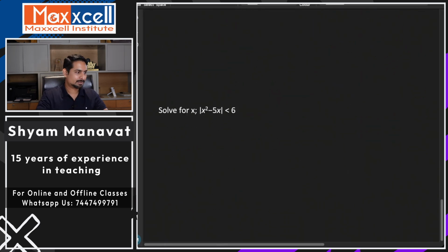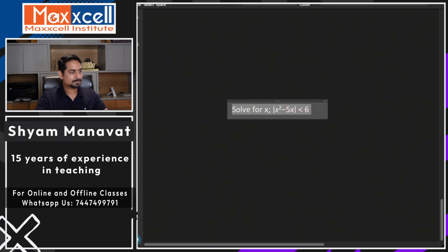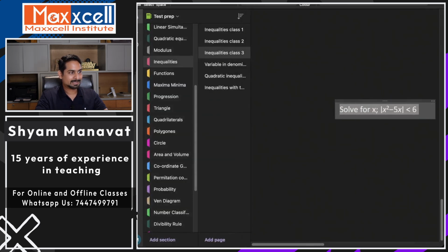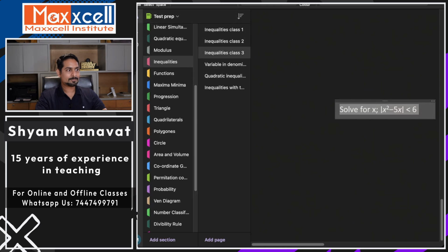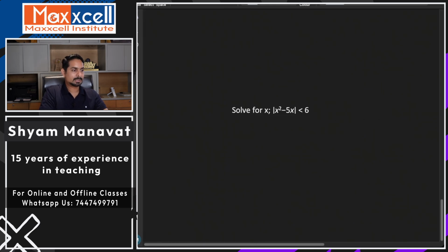Okay, so we got some quadratic expression here, quadratic inequality here. We have not discussed the quadratic inequality, that I am going to discuss in lecture number 5 of inequalities. But still, let me give you a glance of this, because we are learning modulus inequality.